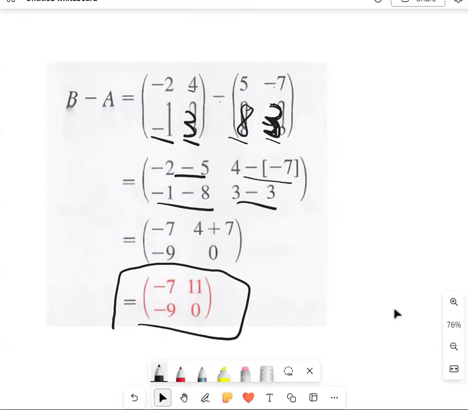Then let's deal with scalar multiplication. So in matrix multiplication, you have what you call scalar multiplication.